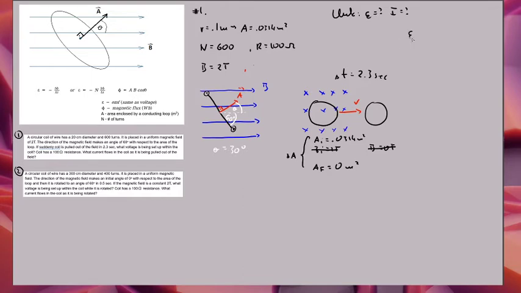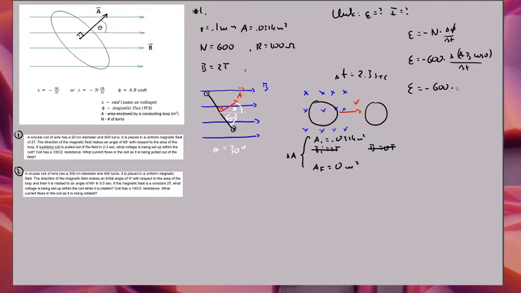So the equation is minus n times the change of the magnetic flux over the time. And so I have minus 600 for n times the change of A B cosine theta over delta t. What's changing is the area, at least that's how I set up the problem. And so what I'm going to have here is minus 600 times the change of the area.